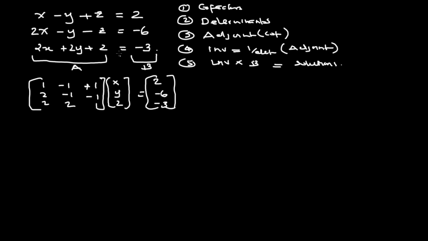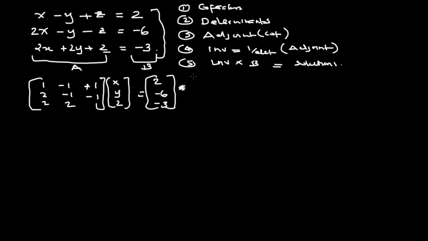So +1 times z, we get plus z. So you can see that we can form this stage from this stage here.